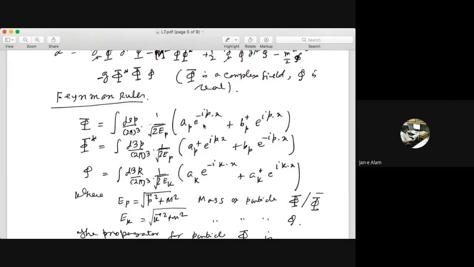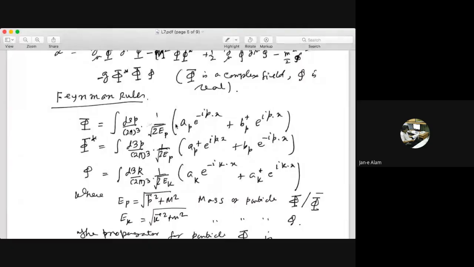So 1. Now, when you do electrodynamics, let us say for the Dirac field, the solutions of the Dirac equations are spinors u and v. So when you solve the Dirac equations, the solutions are not just e to the ip dot x.